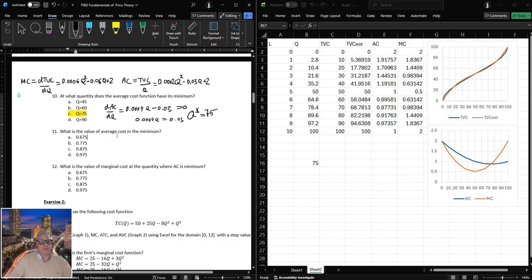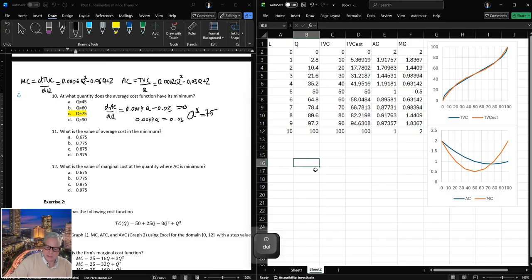Okay, what is the value of the average cost in the minimum? So now we have to look up the y-axis value. Okay, so let's do that. And the average cost is 0.0002 times 75 squared minus 0.03 times 75 plus 2.